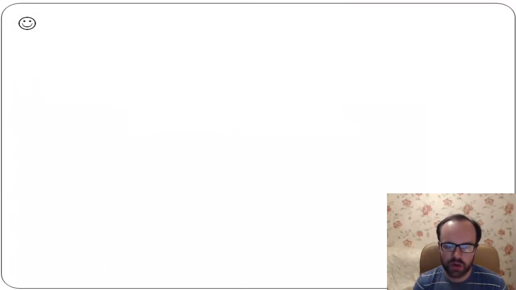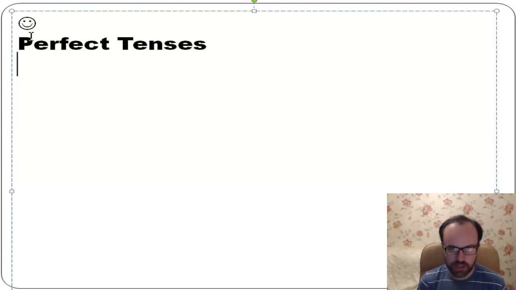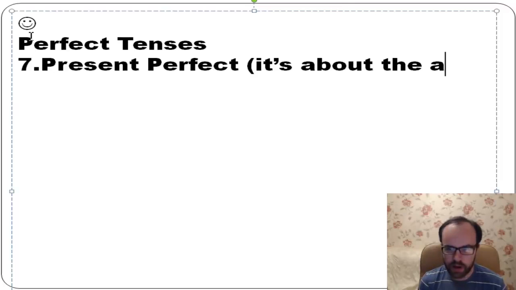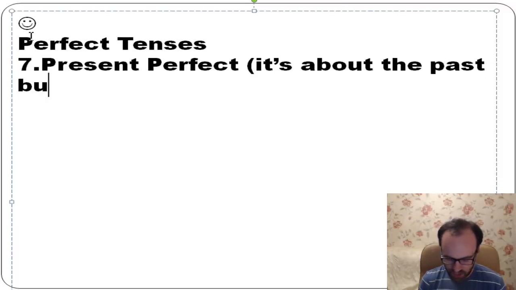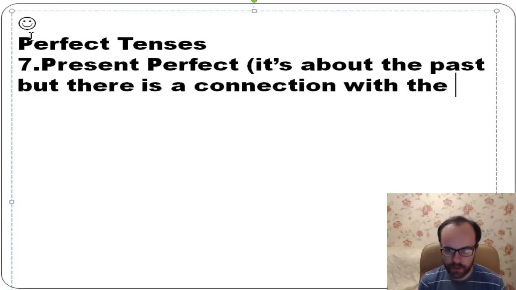Well, so let's talk about perfect tenses. So, and it's number 7, present perfect. So it's about the past, but there is a connection with the present.